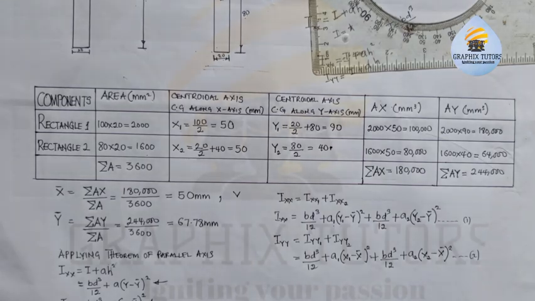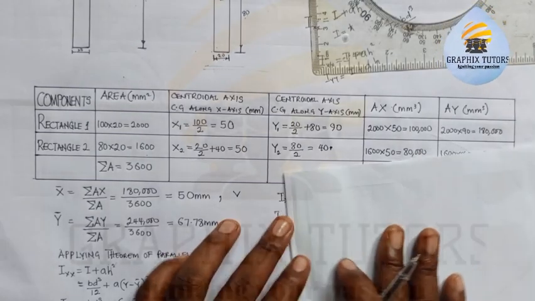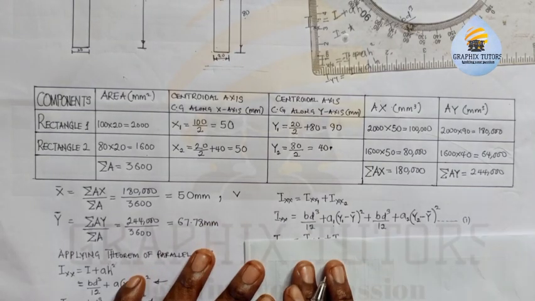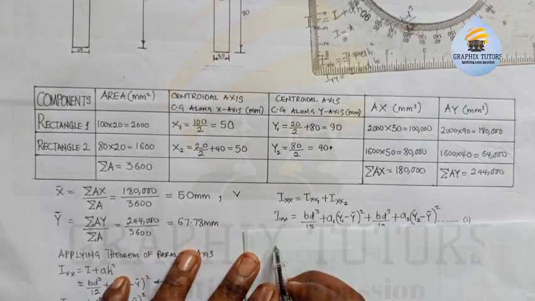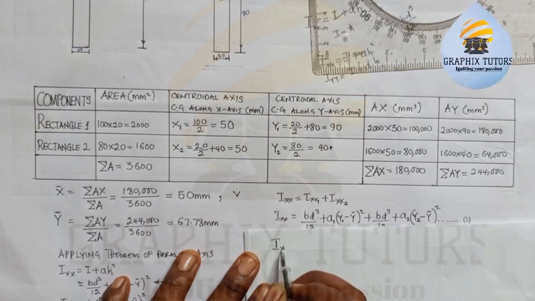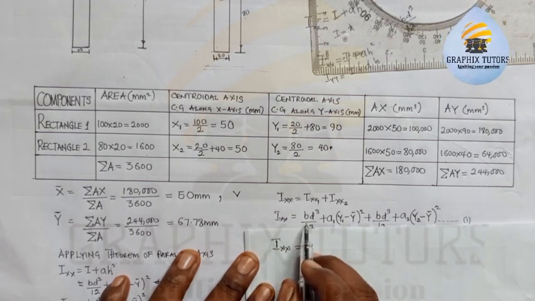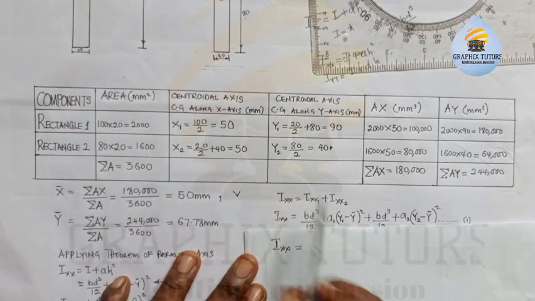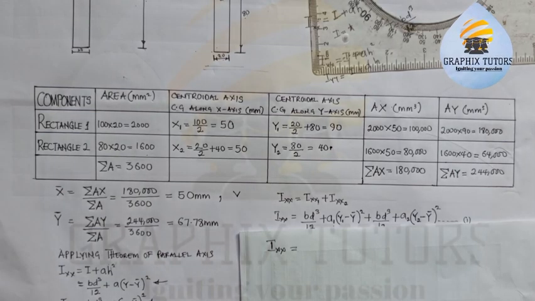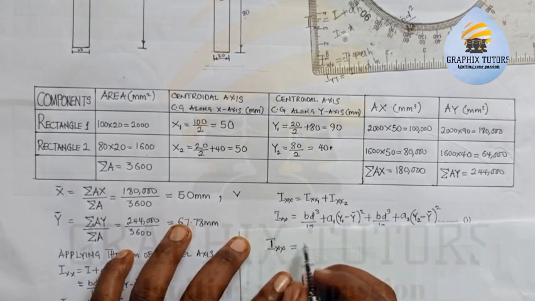So from equation 1, IXX will now be equal to, what is B? B is the base. XX means sectioning along XX. Let me just write out the formula first.